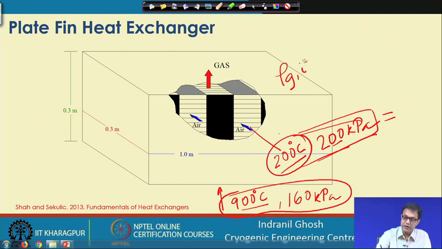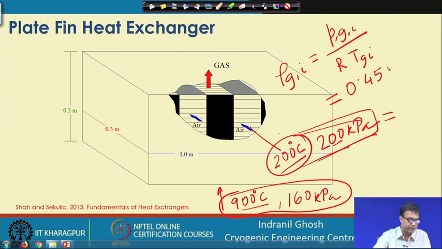Then we have rho_g equals P_g,i divided by R T_g,i, and if we put this in, we will get a value of 4751 kg per meter cube as the density of the gas at the inlet.